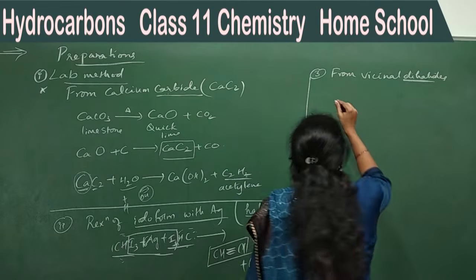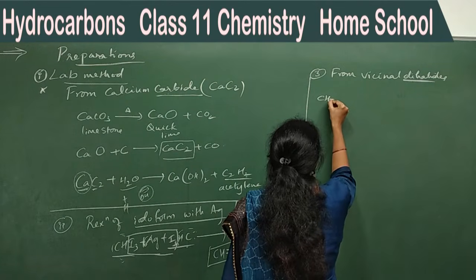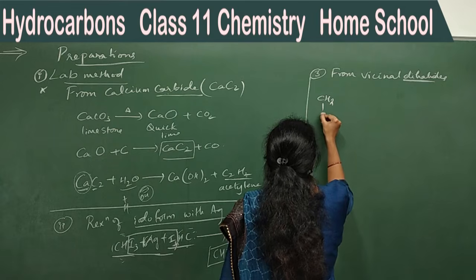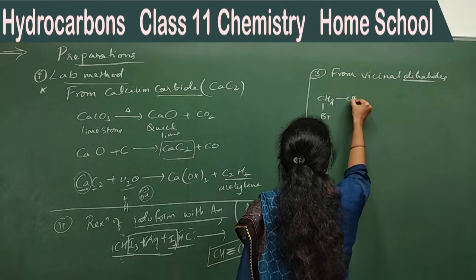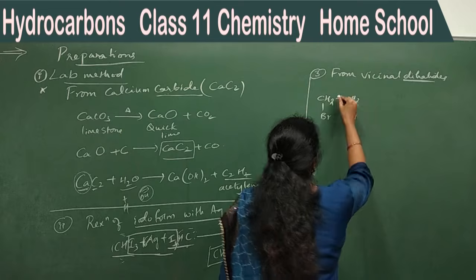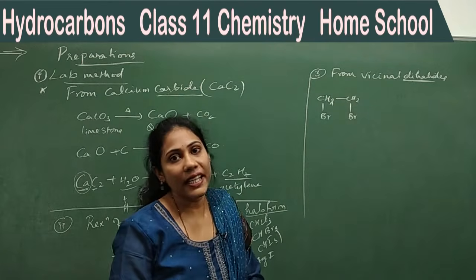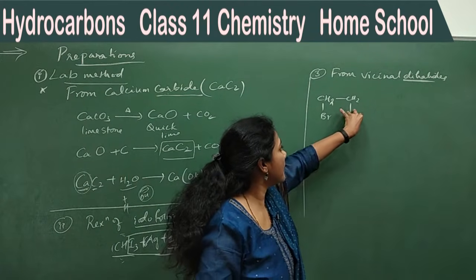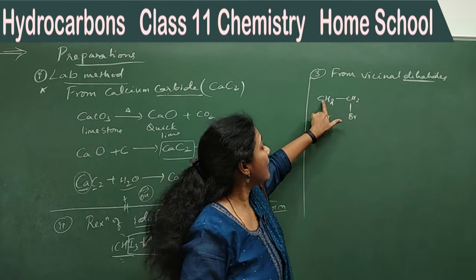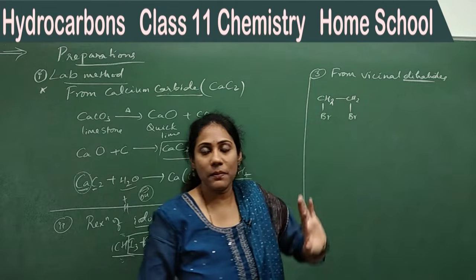So let's take one example for vicinal dihalide. Let me take CH2Br, CH2Br. This is the best example for vicinal dihalide. See, two halogen atoms are there, attached to adjacent carbon atoms.